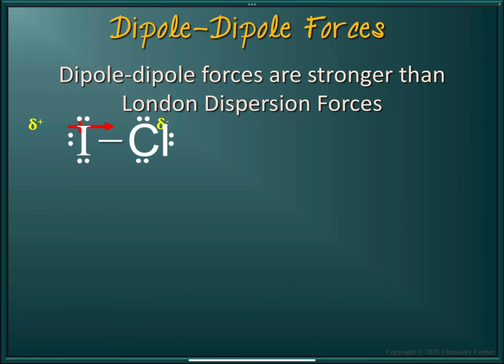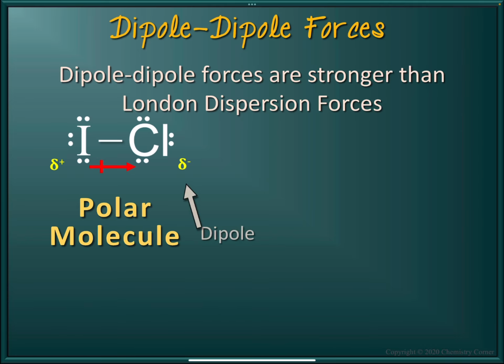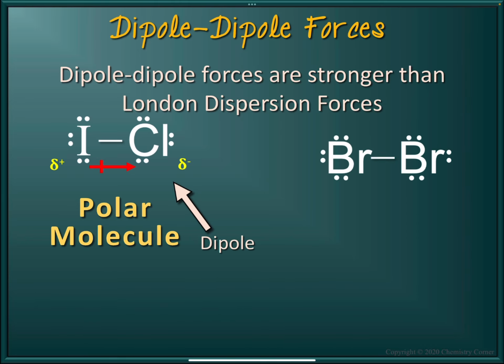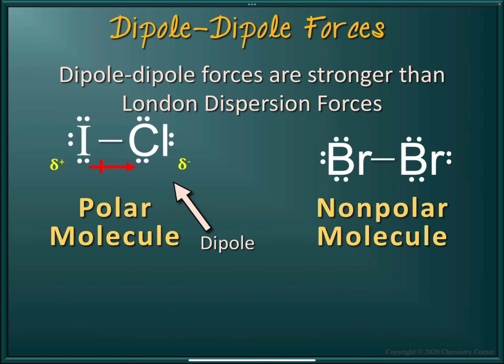Okay, so again, we can have a dipole-dipole. Here we have ICl and Br2. These two molecules look exactly the same. They are linear. They're both halogen atoms bonded to another halogen atom, but Br2 is completely nonpolar, whereas ICl is a slightly polar molecule because of the difference in electronegativity.